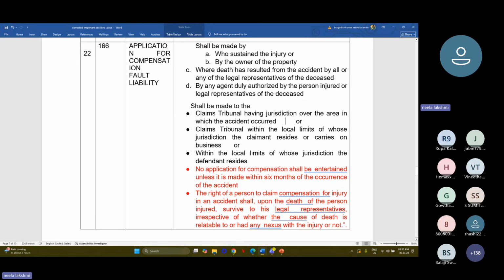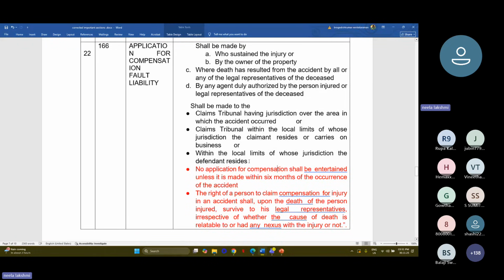Simply speaking, where the accident occurred. The second point is where the claimant resides. And the third point is where the defendants reside.